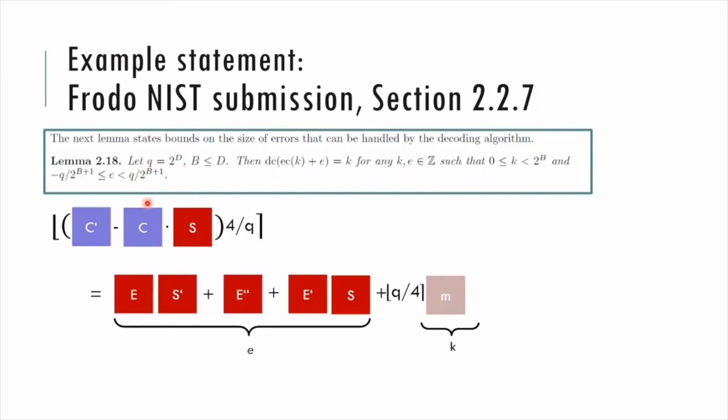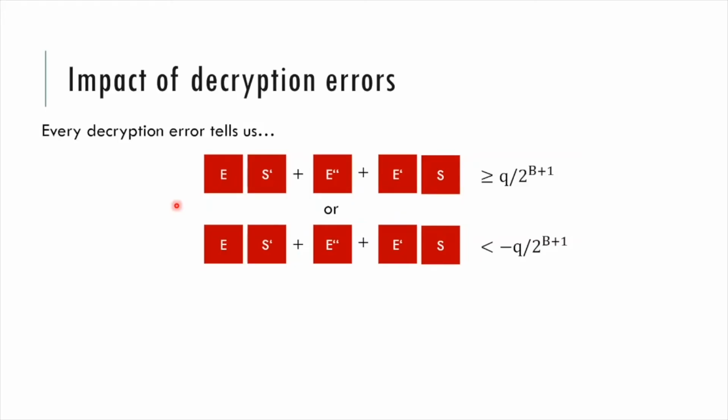For our generic encryption scheme, this means as long as the sum of the error and the secret terms, which corresponds to E, is in between these bounds, the decryption returns back the correct message M. That means every decryption error tells us that the sum of these error terms is larger or smaller than plus or minus Q divided by 2 to the power of B plus 1. And gathering many decryption errors gives the ability to recover the secret S.